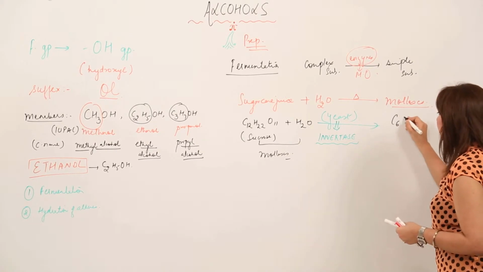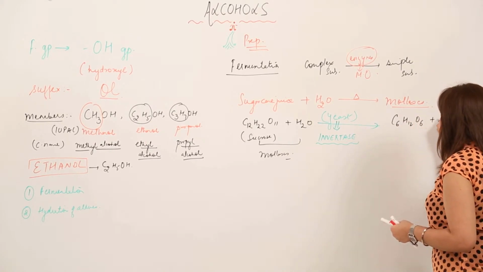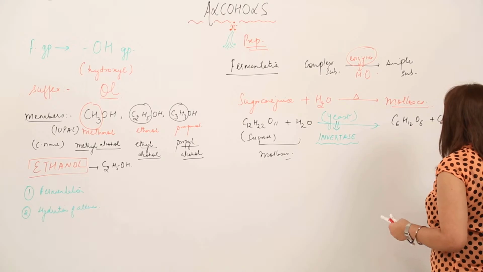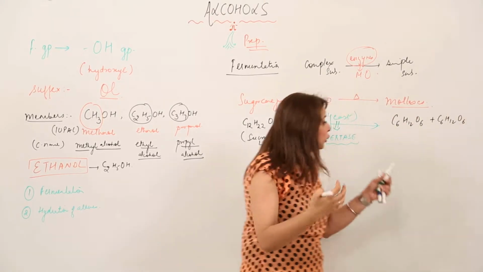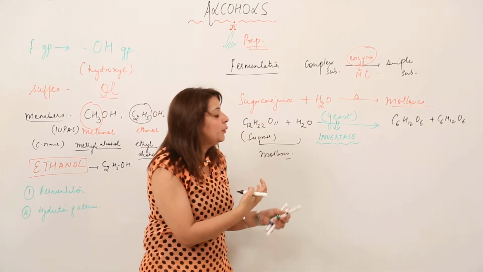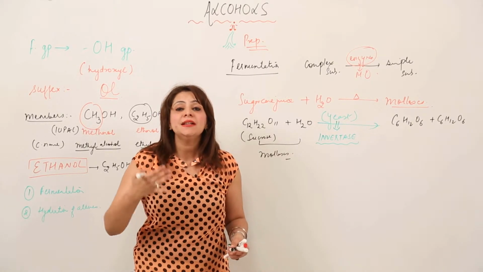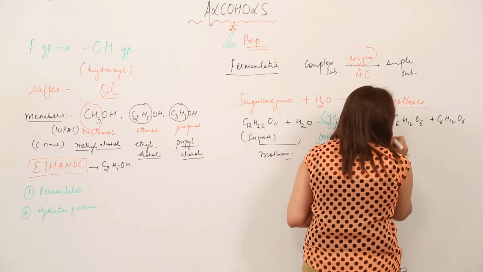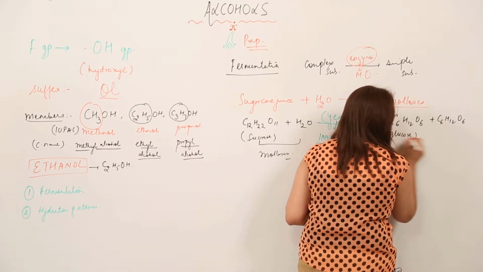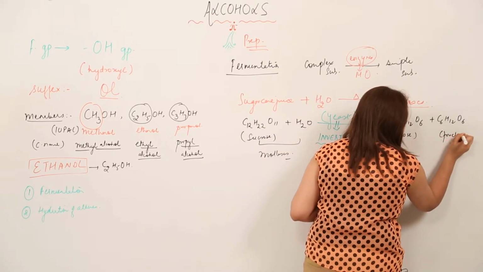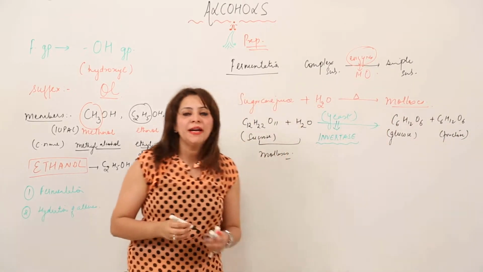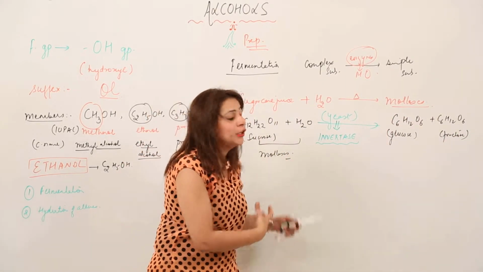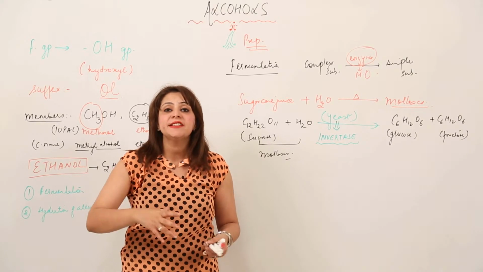We get C6H12O6, again C6H12O6. Though you can see that the molecular formula is the same, the names of these sugars are different. These are glucose and fructose. This question must be knocking in your mind: they have the same formula, but I am writing different names.